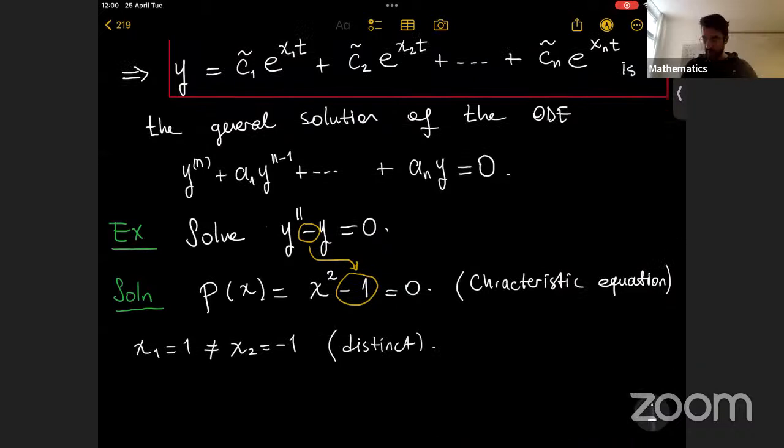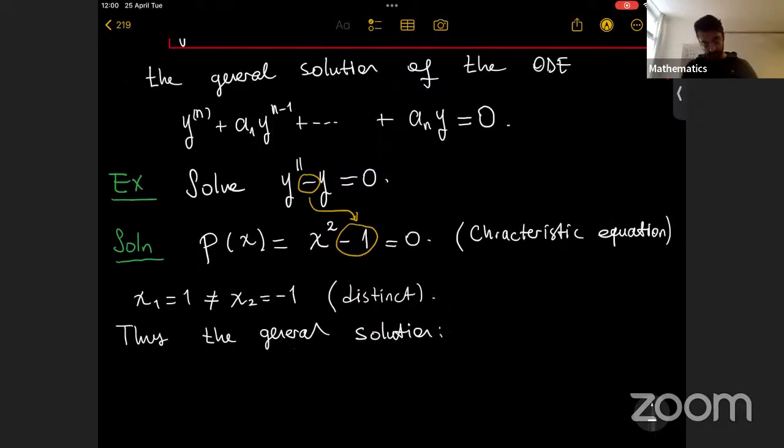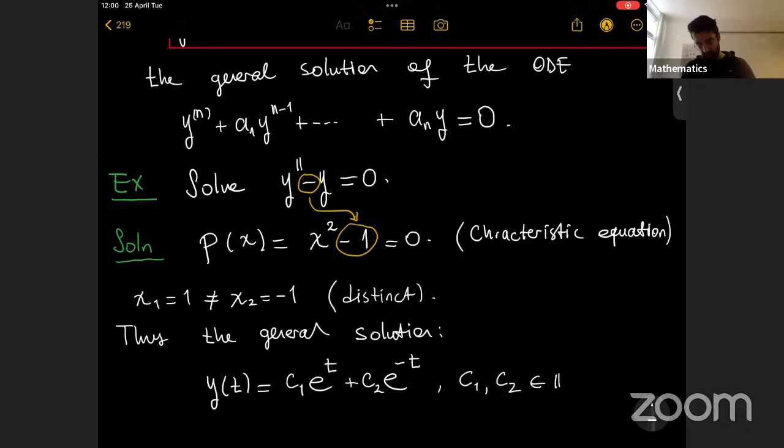So the general solution is y of t is equal to e to the lambda 1 t, which is e to the t, and we have e to the lambda 2 t, e to the minus t, and you have the combination of these two, c1 plus c2, where c1, c2 are real numbers.